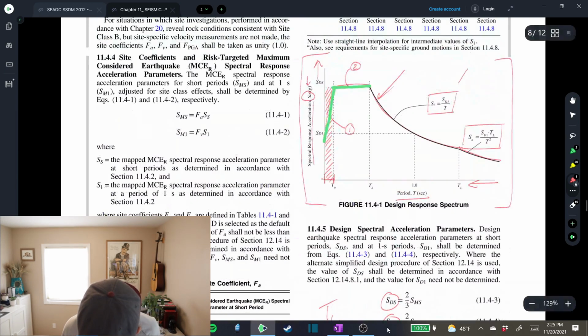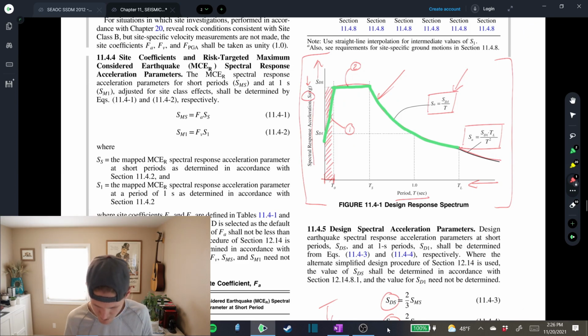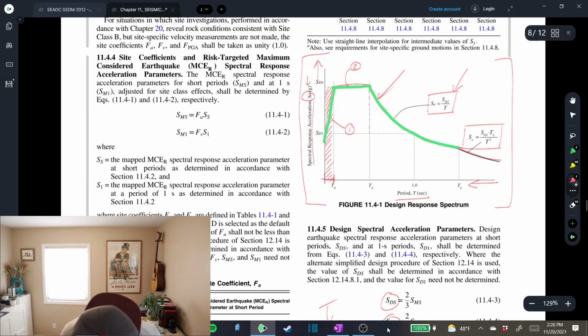Now you see right here, when they give you this little cheat sheet, kind of inside glimpse, you'll use that portion to find that portion of the graph. And as you notice, when you're using a period between T sub S and T sub L, that corresponds exactly to these dashed lines.